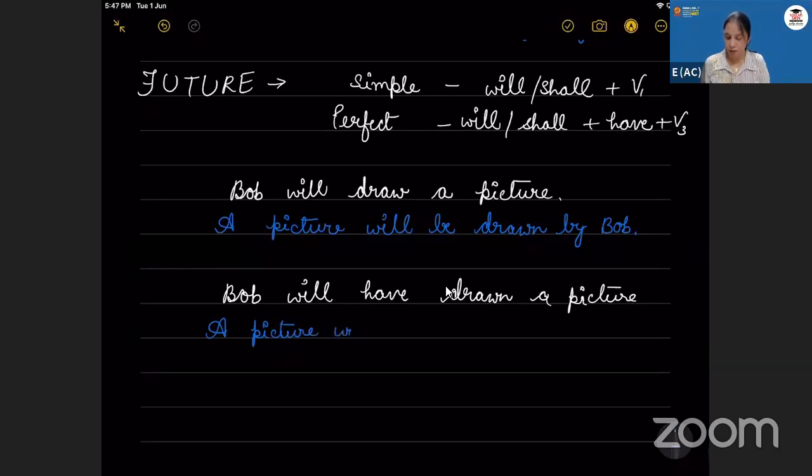Okay. A picture will have been drawn by Bob. That's great. I guess the whole class has understood the concept very clearly.